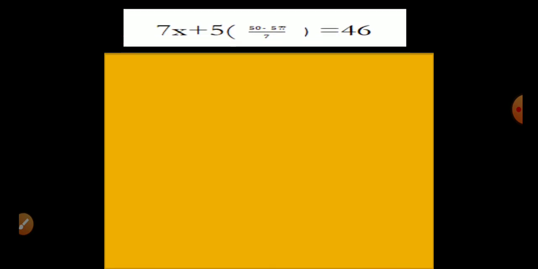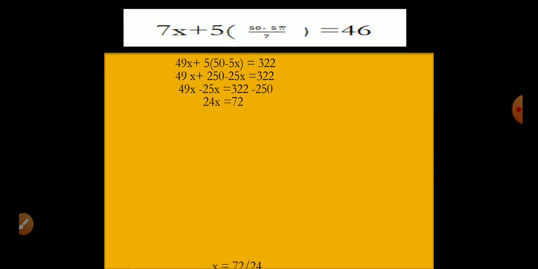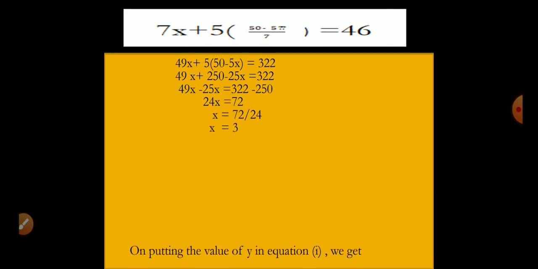Okay, if we multiply 7 with each term, then we will get 49x plus 5 into 50 minus 5x equal to 322. Okay, and if we solve this, then we will get x equal to 3, right?